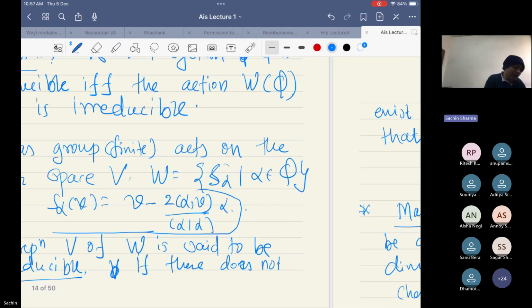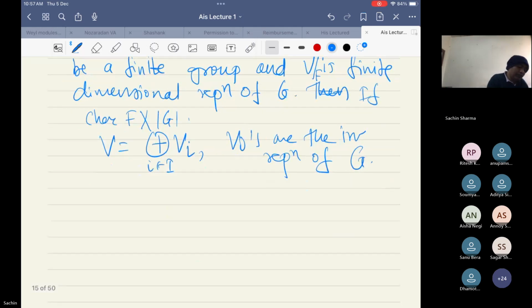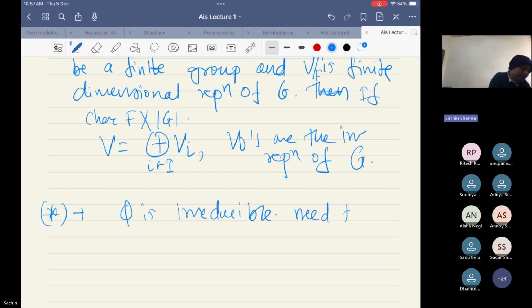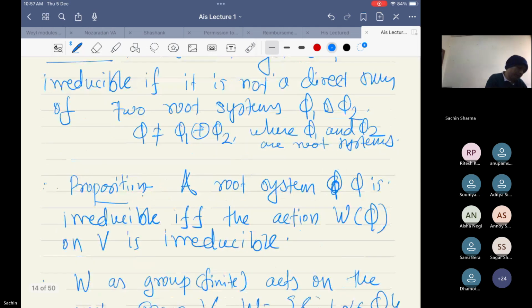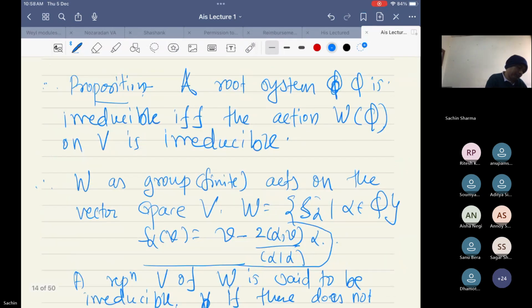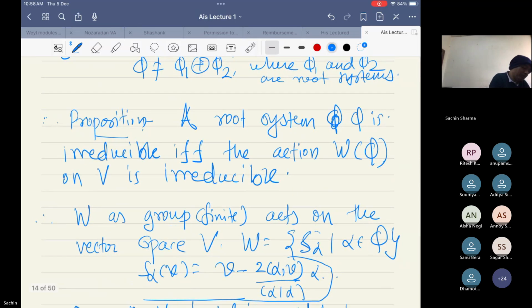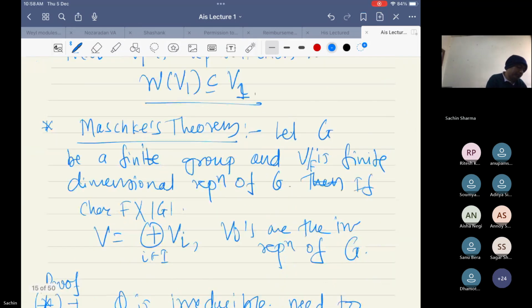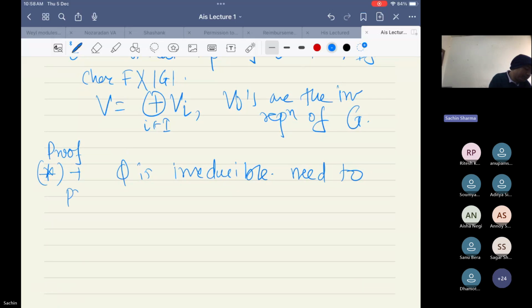I will give you a little task to do. We will go back to that result. Suppose phi is irreducible, then we need to prove that V is an irreducible W representation.